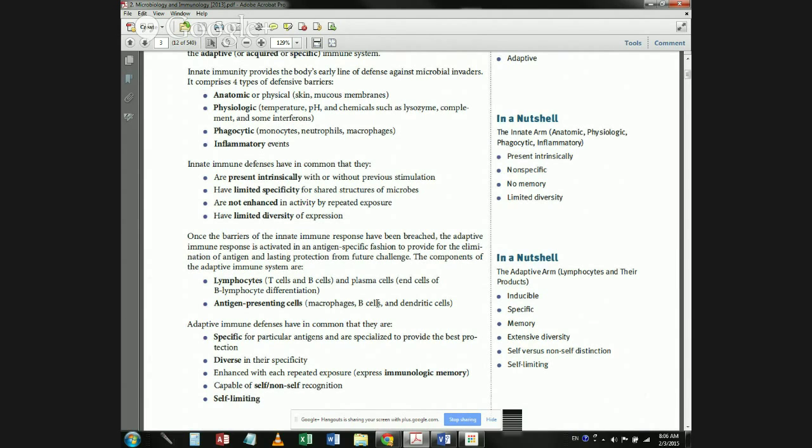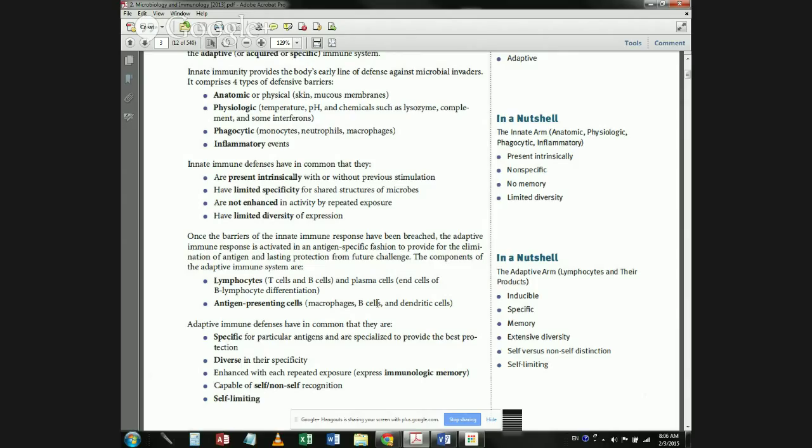So once the barriers of the innate immune response have been breached, however, the adaptive immune response is activated in an antigen-specific fashion to provide for the elimination of antigen and lasting protection from future challenge. So the components of the adaptive immune system are basically your other set of lymphocytes. So monocytes, neutrophils, and macrophages were innate. They'd have no specificity basically.